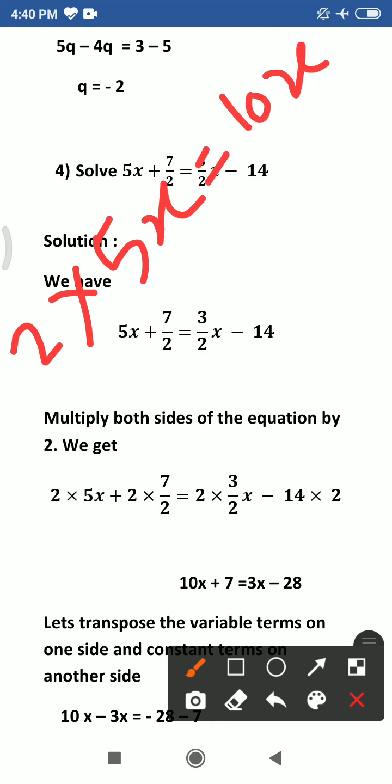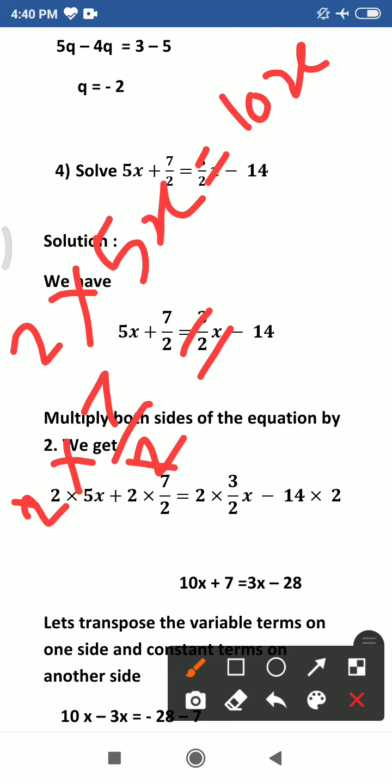Next, 2 into 7 divided by 2: this 2 will cancel with this 2, so numerator and denominator cancel, and you will get 7.